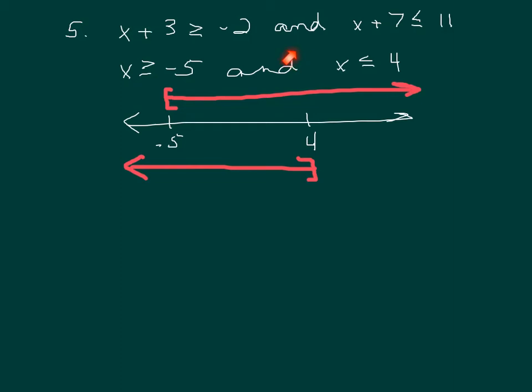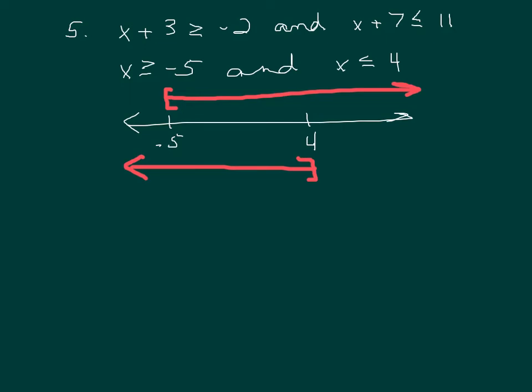The problem you had is you didn't obey the and. The and says that the solution set has to be in this and in this, so it's just the overlap that counts. If it had said or, then the solution set would have been everything in this case as well as everything in this case, which would have been negative infinity to infinity, which is what you put.